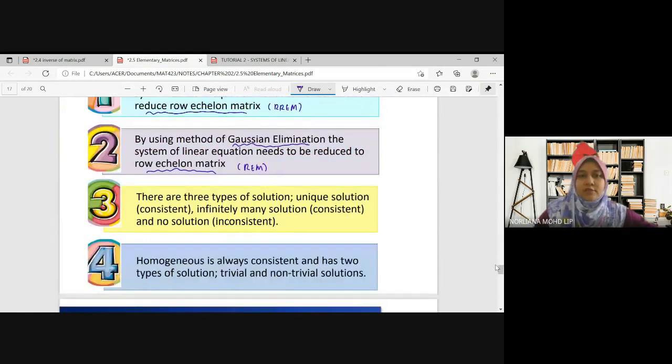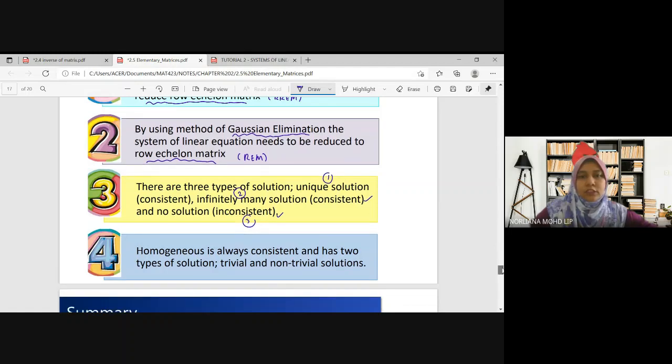Okay, there are three types of solution: unique solution, infinitely many solution, and no solution. For unique solution and infinitely many solution, it is consistent. And no solution is inconsistent.